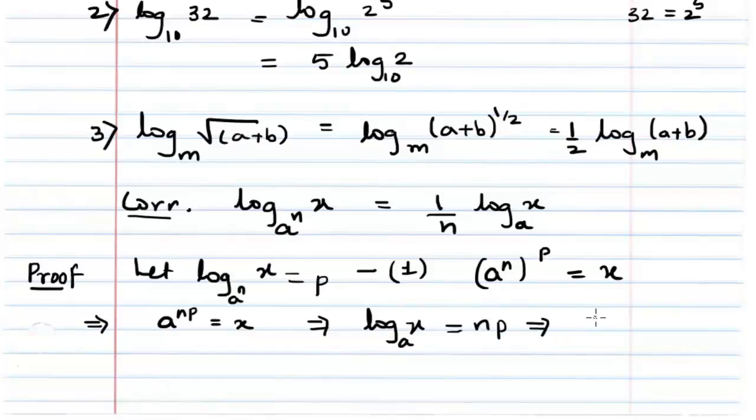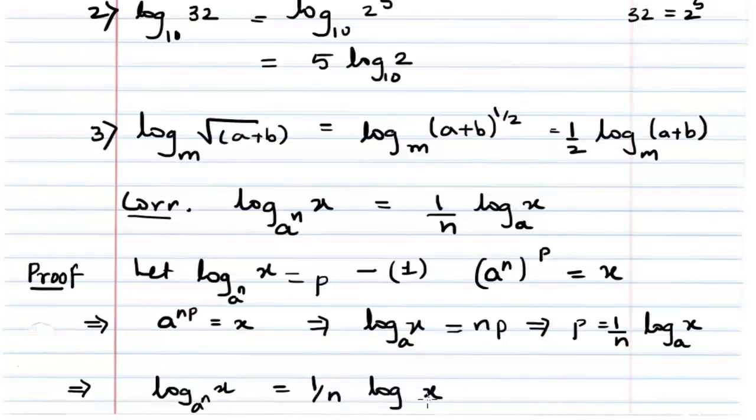Now this will give us p is equal to 1 upon n log of x to the base a, which will give us log of x to the base a to the power n is equal to 1 upon n log of x to the base a, by 1.